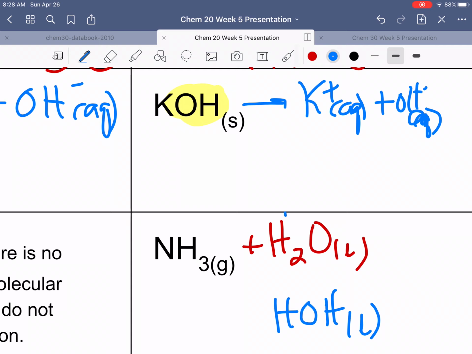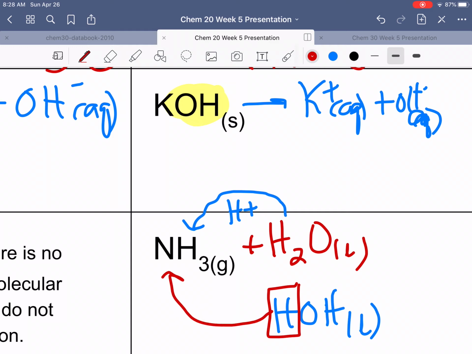Instead, you're transferring from the water to the base. So it's not going, as it did with an acid, from the acid to the water, but instead it leaves the water and goes to the base. And you can see that more easily here, right? Here's the proton that transfers, the H. And then consider what's left over, OH.